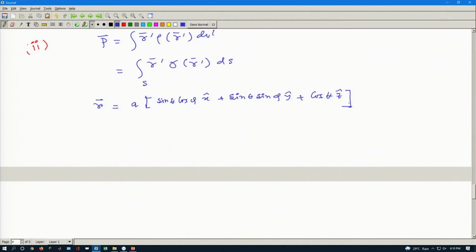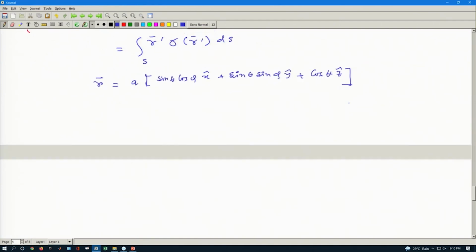So now I will just put this value of r, and the sigma is already given.